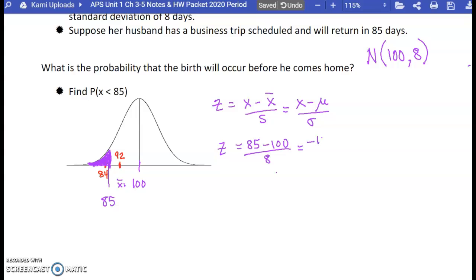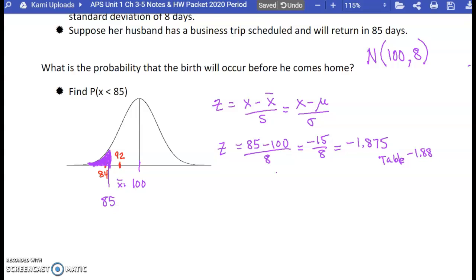Our numerator is negative 15, the denominator is 8, and let's convert that to a decimal. We're going to use the table and the calculator, so we want a decimal with 2 decimal places, so we can use the z-chart. If we do negative 15 divided by 8, it comes out to negative 1.875, which is fine if you're using the calculator. If you're using the table, we're going to have to round that to negative 1.88.